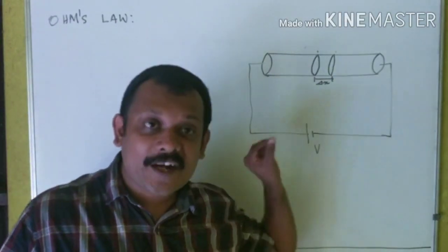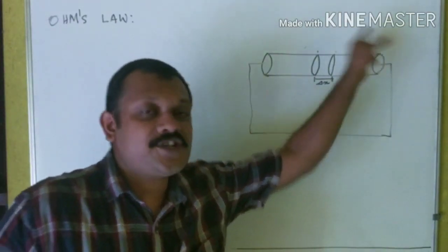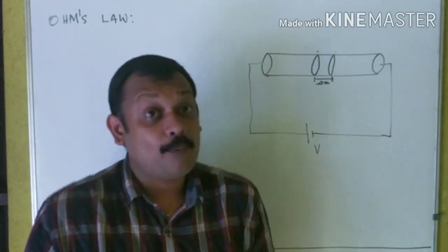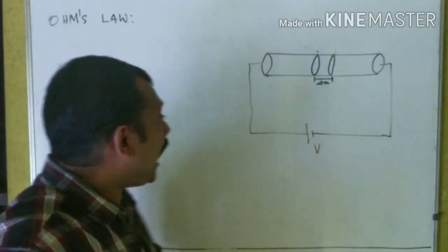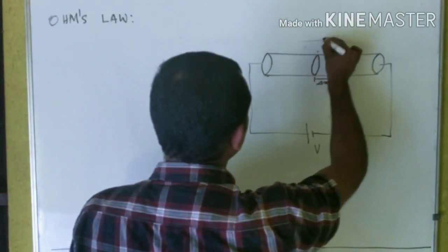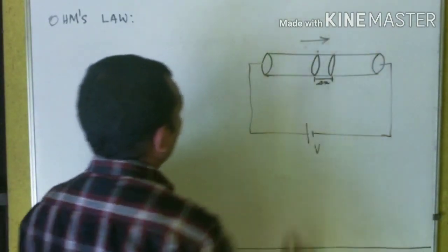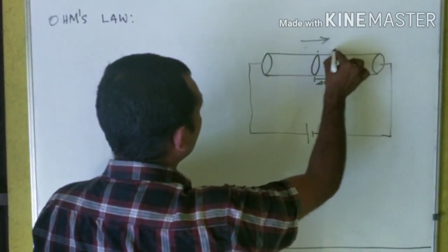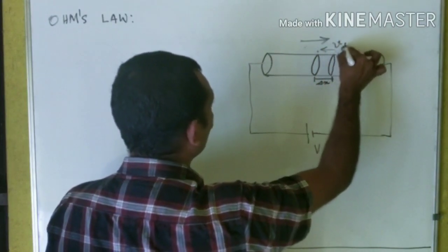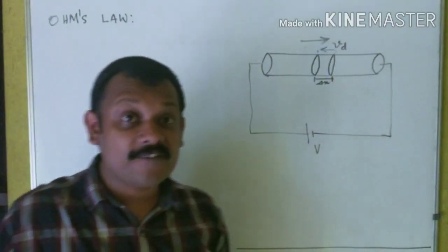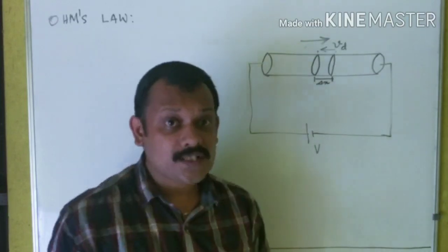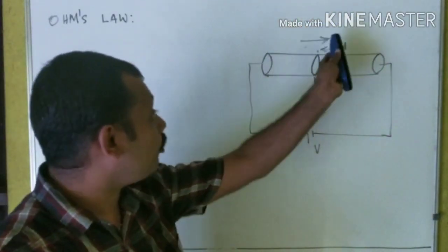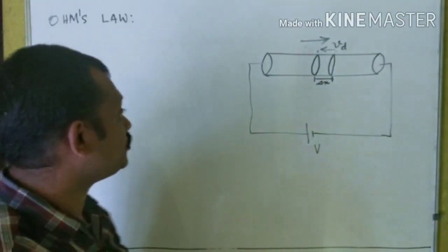In this case, it will be drifting from negative potential to the positive potential. But since current is specified for positive charges, I will take the direction of current likewise. This is the direction of current. Now, electrons are drifting in this direction. This is the direction of the drift of electrons, and electrons will drift in the direction opposite to the direction of the electric field. Current is opposite to the direction of the drift of the electrons.